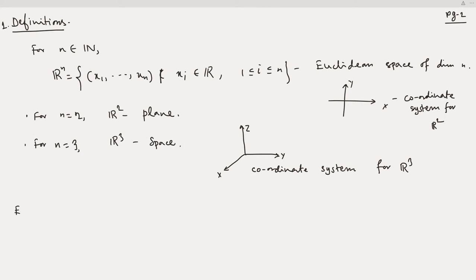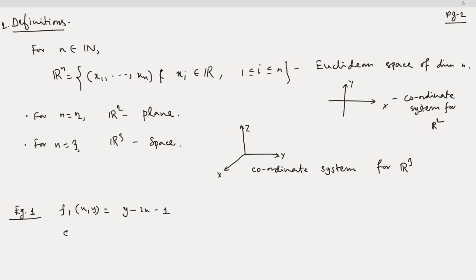Example. Let us consider f1 of (x, y) equal to y minus 2x minus 1.